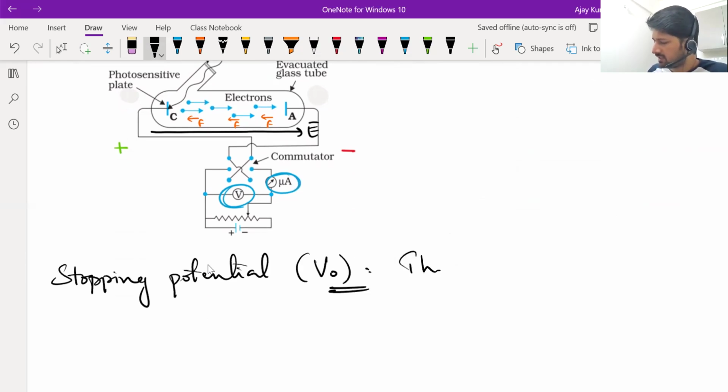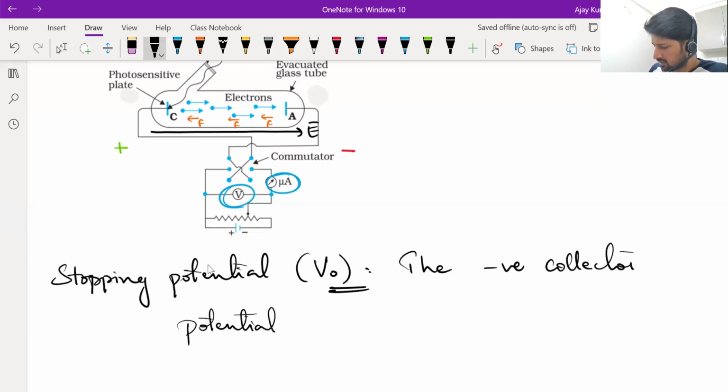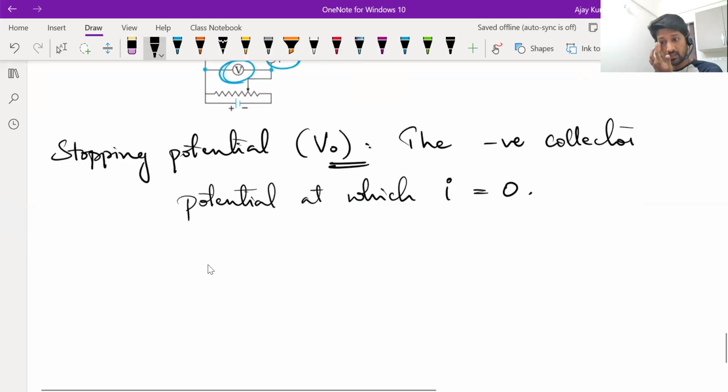So basically it is the negative collector potential at which the photocurrent becomes zero. Now, photocurrent becoming zero means what? All electrons being successfully prevented from reaching the collector.